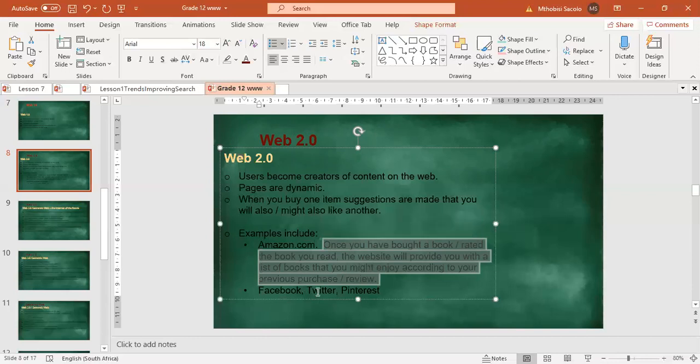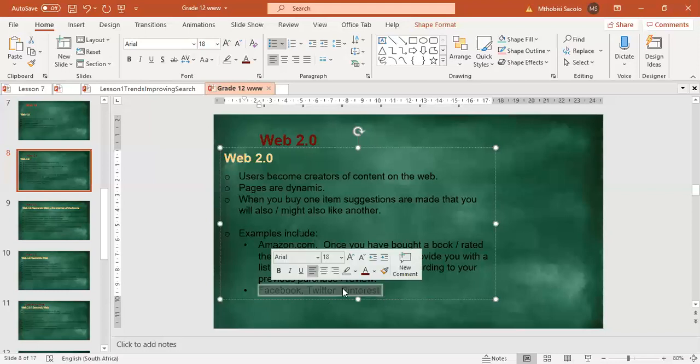So right now here we're starting to have Facebook, Twitter, Pinterest. Those are forever dynamic sites, social networking sites, and they always change. You don't get the same thing each and every time.